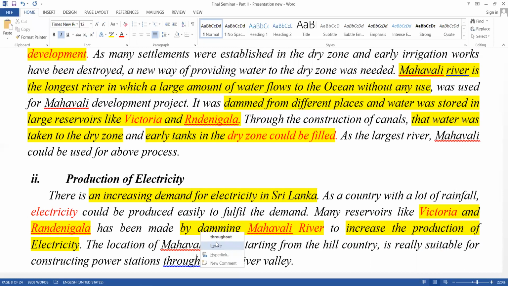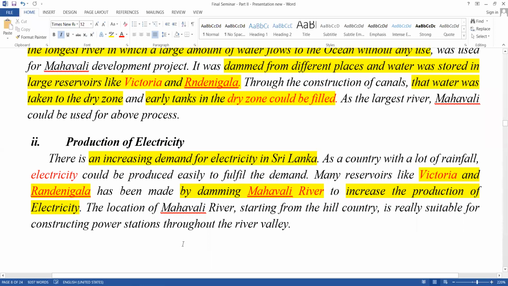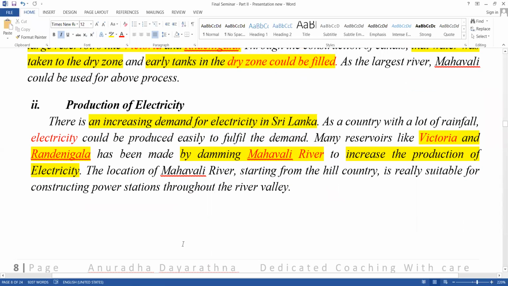That is also one of the answers for the importance of the Mahaweli River for economic development. After discussing all the past papers related to this section, we'll have the break. Okay. So we move on to the next page then.